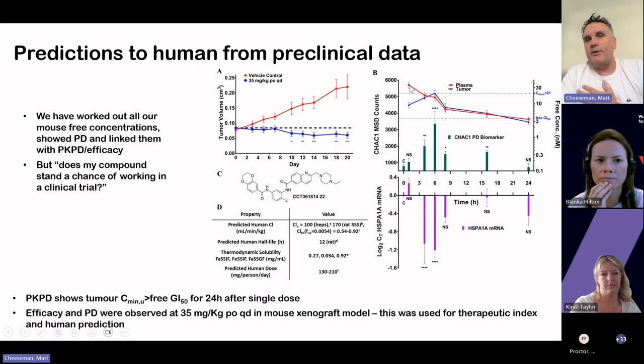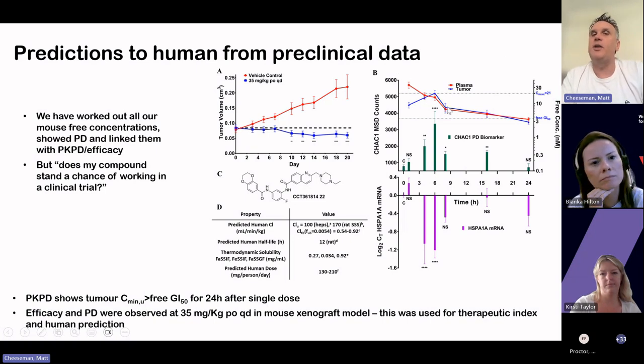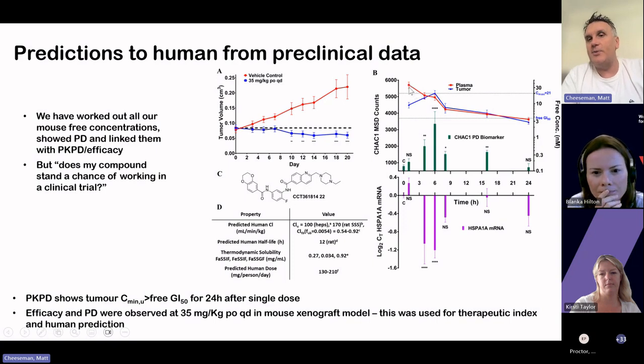Now, to talk you quickly through it, what you see in the red line is the free concentration in the plasma. This is away from the site of action, but is the place we would more regularly sample, and in a patient we'd be able to regularly sample. You see the highest concentration in the plasma occurs at about an hour. But if you look at the blue line, this is the free concentration in the tumor, which is obviously the site of action that we want, because it's the tumor that we're trying to shrink.